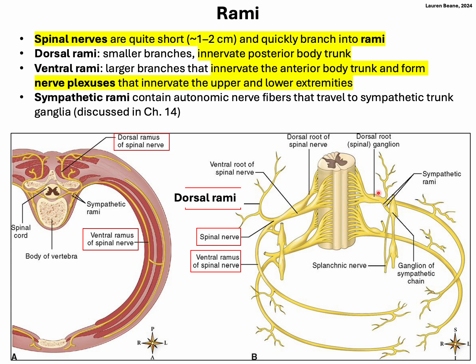There are also sympathetic rami, which are going to contain autonomic fibers of the sympathetic division. We'll take a look at that in the next chapter. All right, but they quickly branch. Dorsal rami are going to innervate the posterior body trunk, ventral rami innervating the anterior body trunk, and form complex nerve plexuses, which innervate our upper and lower extremities.